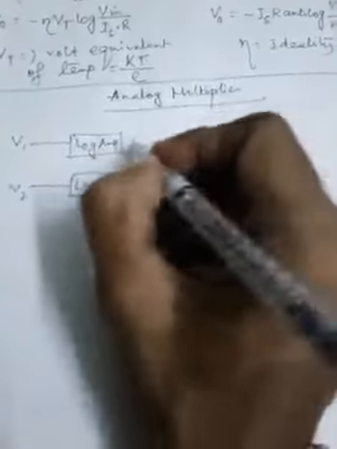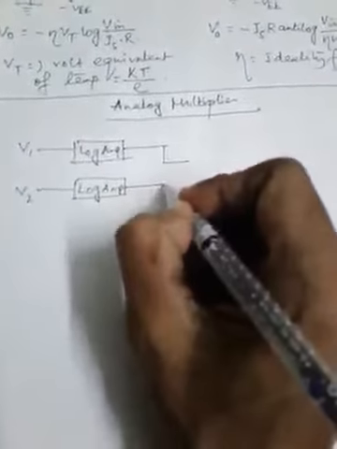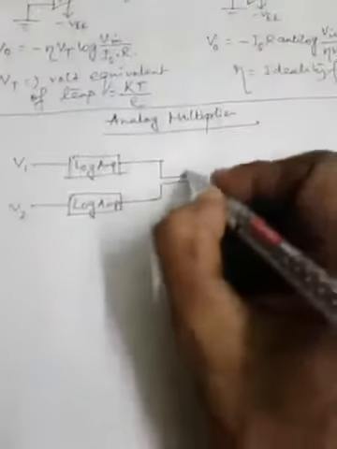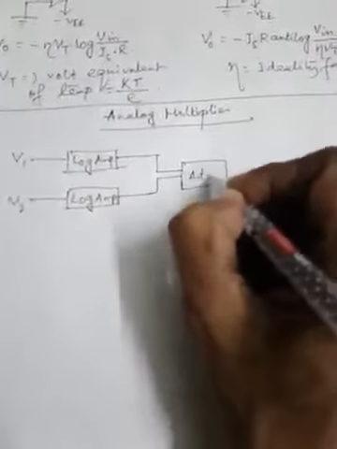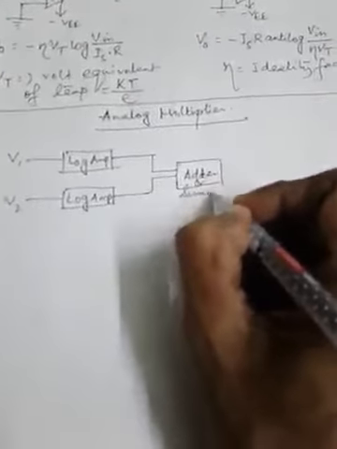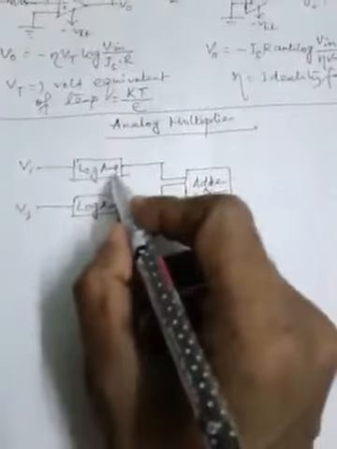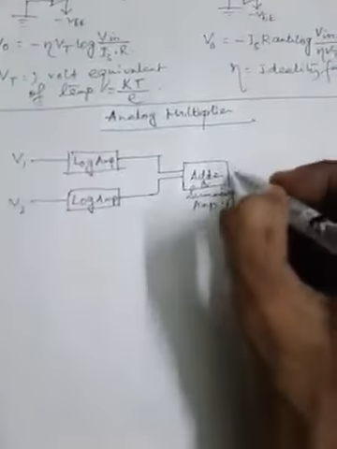The outputs of these two log amplifiers are applied to a summing amplifier using op amp, or we can say adder, whose two inputs are taken from the two different log amplifiers.